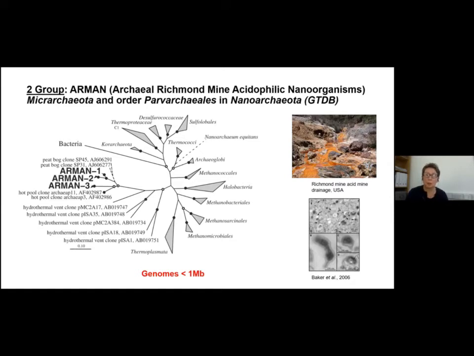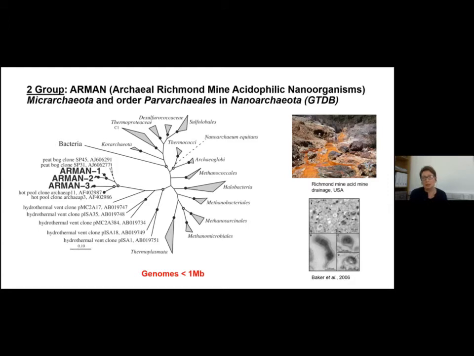And if Thermoplasmatales can be found as a major group in this environment, ARMAN, or Micrarchaea and Parvarchaea, are normally represented as a minor group only in this data, but there are some exceptions when Micrarchaea or Parvarchaea can be represented in rather higher numbers.